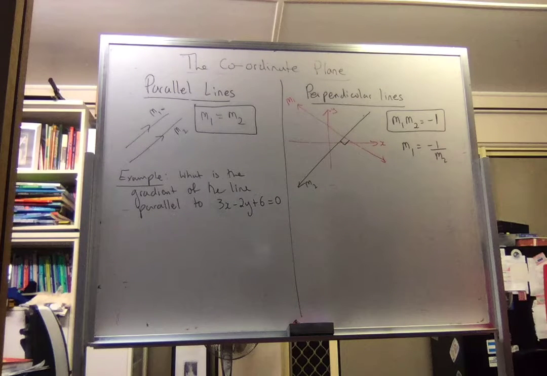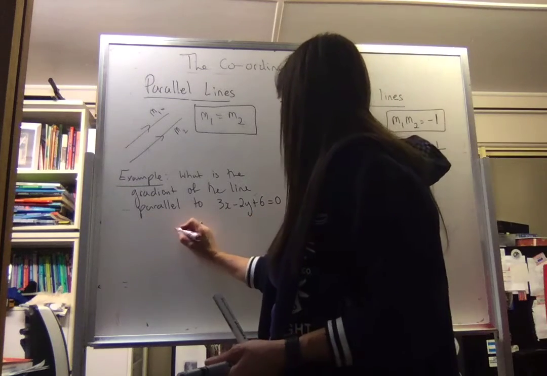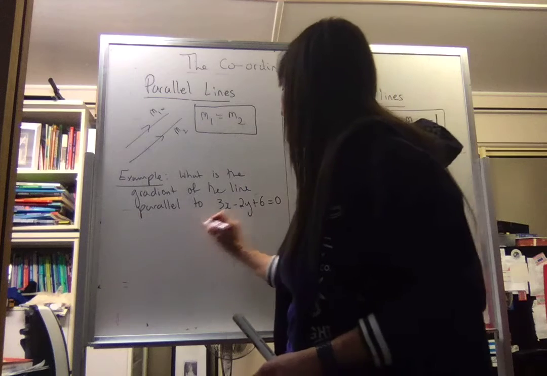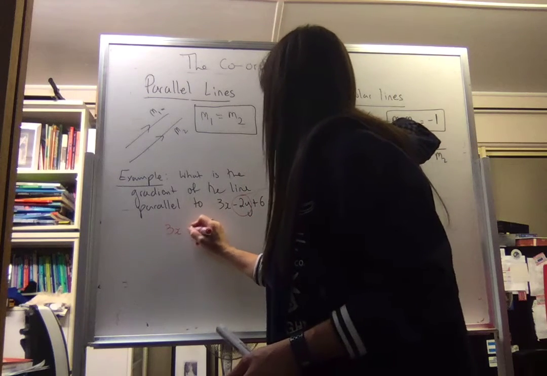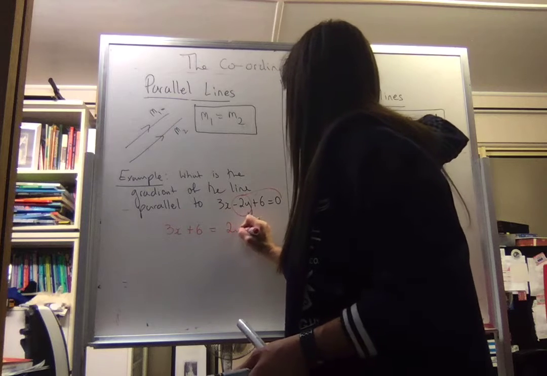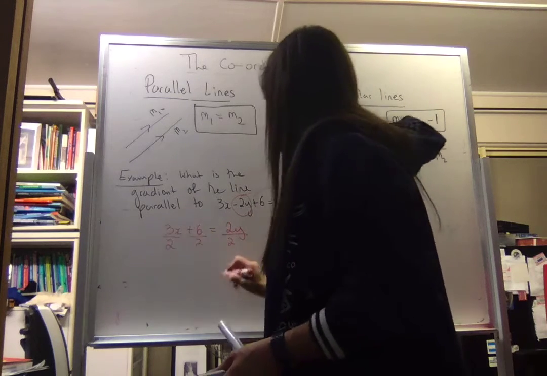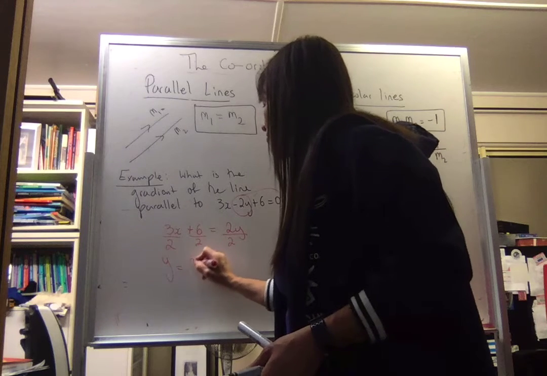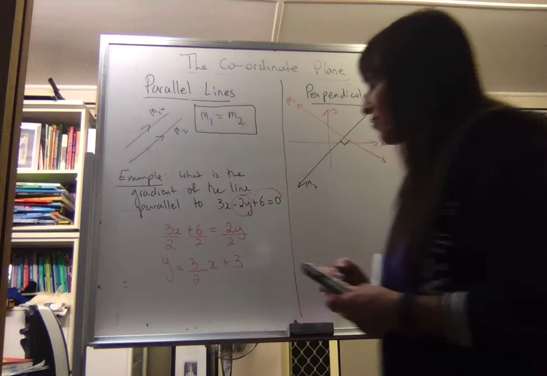I would first of all rearrange that into y equals mx plus b. So take the 2y to the other side, so I end up with 3x plus 6 is equal to 2y, and I divide every term by 2. So I end up with y is equal to 3 on 2 x plus 3.